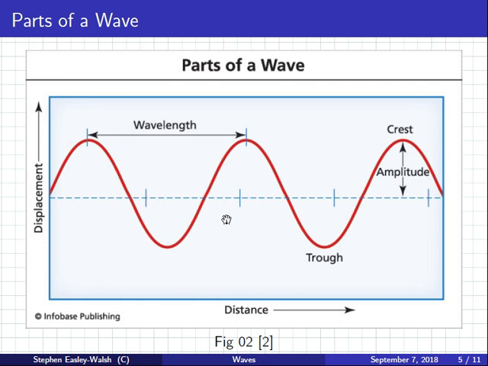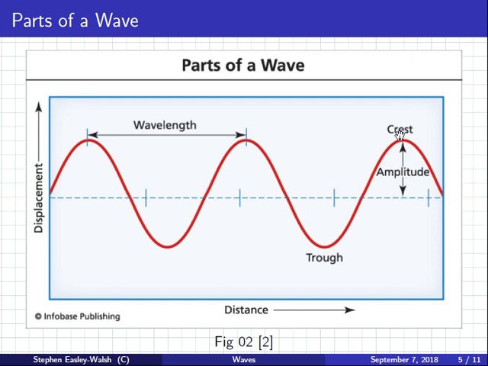Sometimes in the exam, not often, but sometimes they actually ask you to draw a wave and name the parts of it. So, I know there's other words like, what's another word for crest maybe? What's another word you could give for this part? Any other words to describe this? Come on, don't be shy.